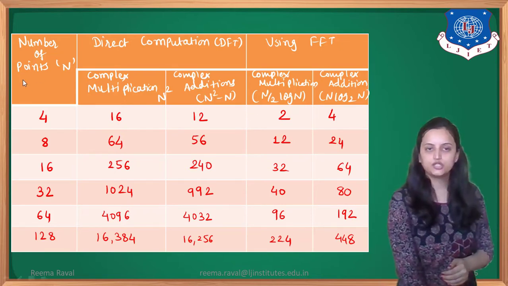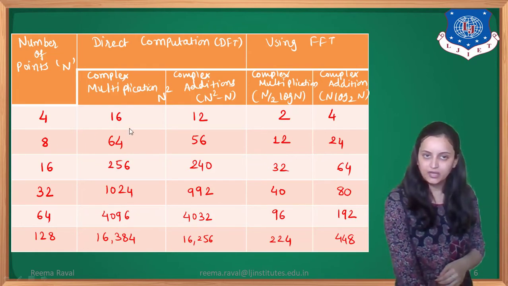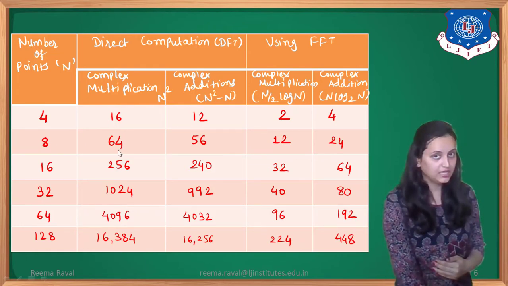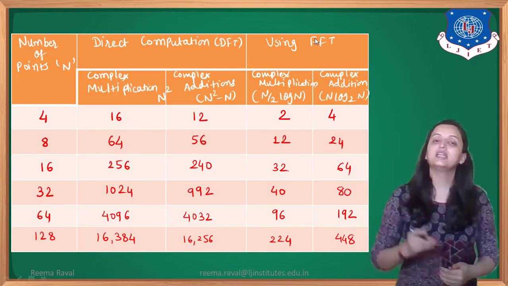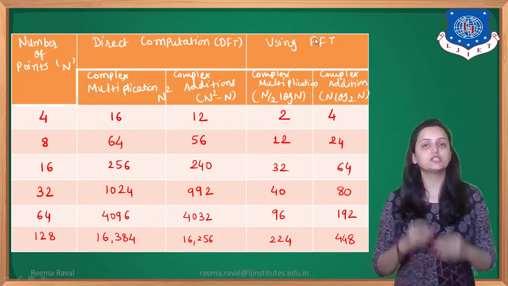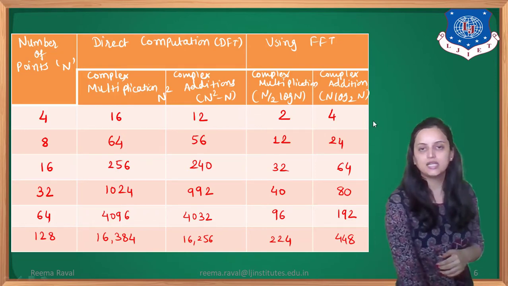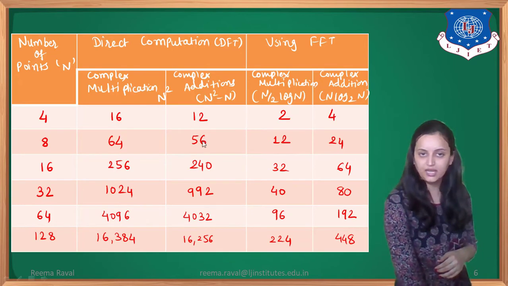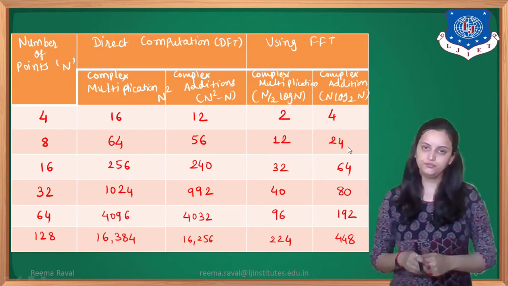If you compare these two for N equals 8, there are 64 complex multiplications using DFT, and only 12 for FFT. That means the complex multiplications are reduced as compared to DFT. In the same way, complex additions are also reduced, because here the number of complex additions is 56 and here it is 24.